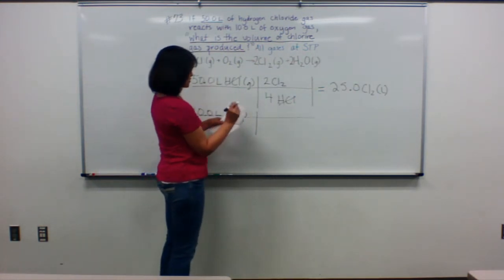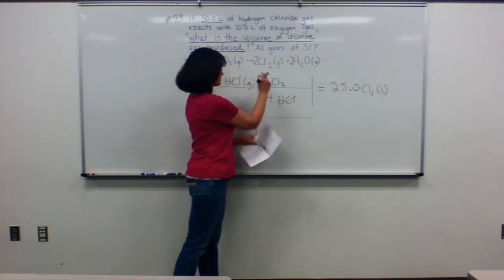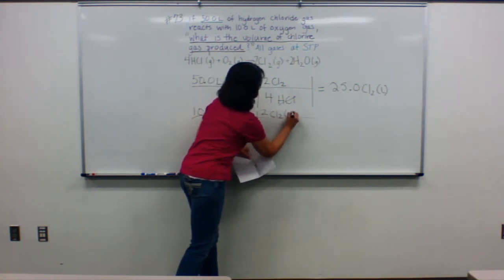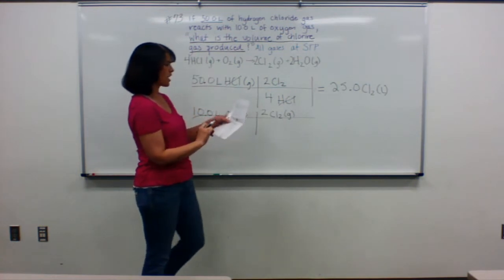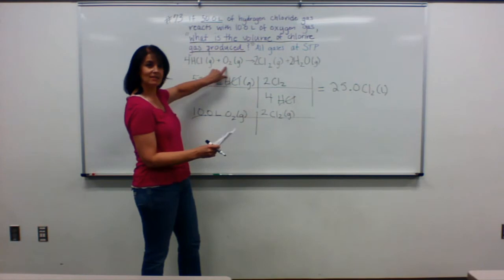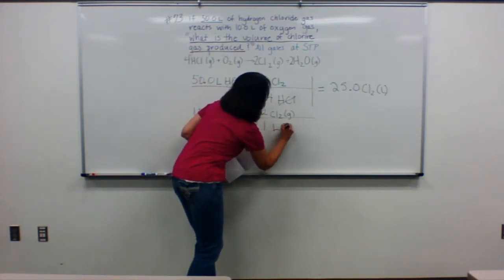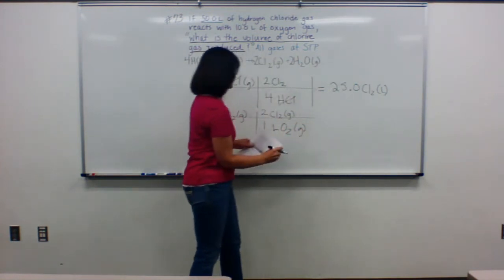Then I'm going to take my 2 liters of Cl2, which is right here, and that's going to go on top of 1 liter of O2, which is where this comes in. Remember, they're all gases.